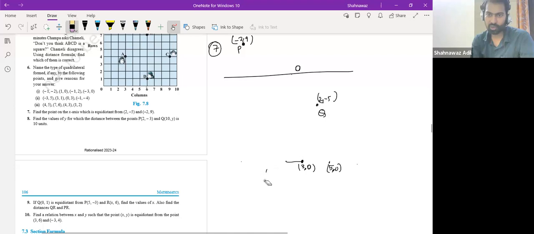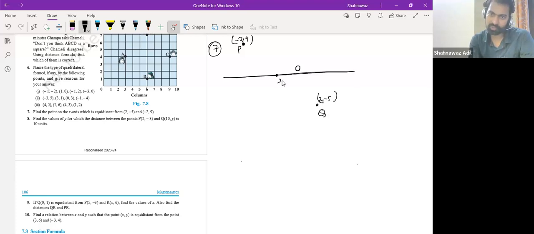So in the question, they are asking to find the point on the x-axis. What do we know about the y-coordinate of this point? This is on the x-axis, so what is the y-coordinate?